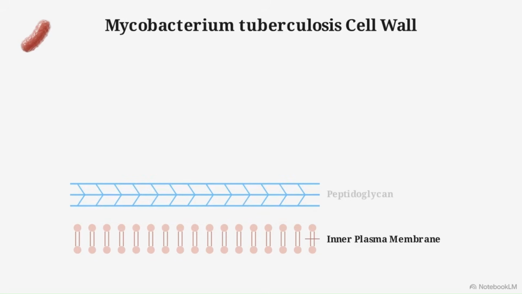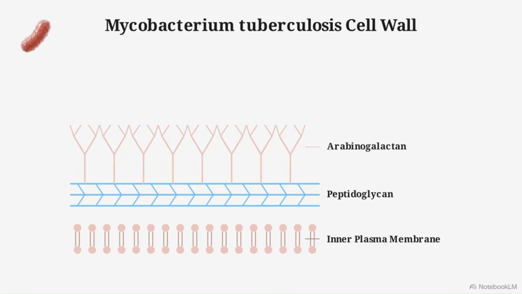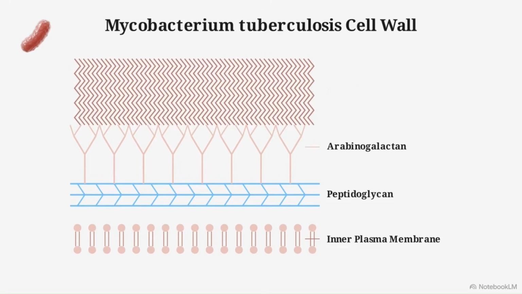We start here at the inner plasma membrane. Building outward, the bacteria lays down a foundation of peptidoglycan, followed by a thick structural layer of arabinogalactan. On top of that sits the primary defensive shield, mycolic acids.